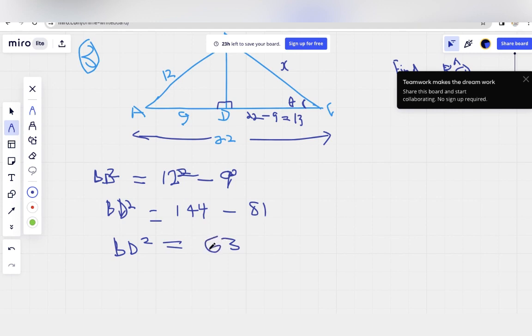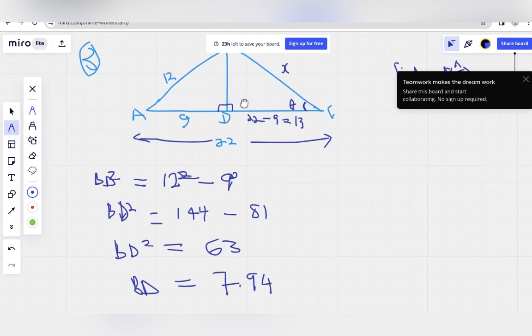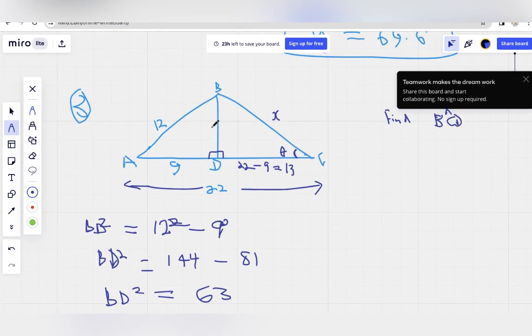So you get 63. If you take the square root of both sides, BD is approximately 7.94 to 2 decimal places. That's what we get for this case.